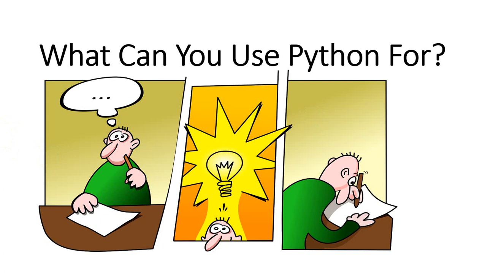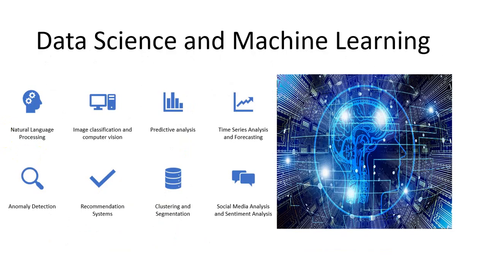the one that many people know, which is data science and machine learning. You might have heard this several times, that Python is a good programming language. It's one of the best programming languages for data science and machine learning. And there are many built-in tools in Python that you can use for this purpose.